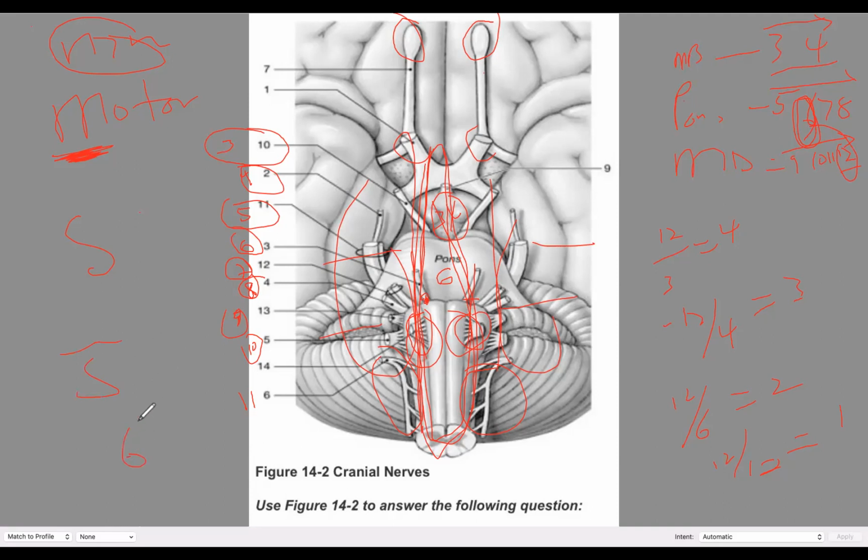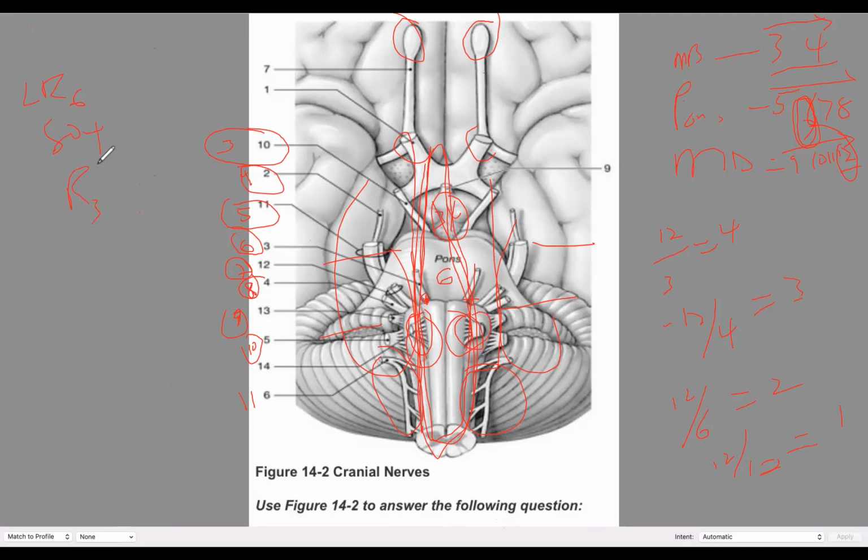Because if you know the function of cranial nerve 6, you can tell, right? Cranial nerve 6, which one was it? The abducens. Good. And of course, you know that it's for eye movement, right? If you remember that mnemonic that says superior oblique SO4, lateral rectus LR6, and the rest 3.